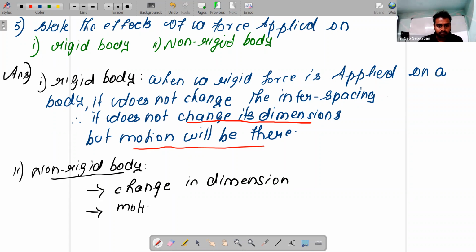Motion will also be there. So just understand the difference when you apply force on a rigid body and non-rigid body. Rigid body means motion will be there, but there is no change in dimension. But in case of non-rigid body, motion will be there also, but there will be change in dimension. Any doubts? Is it okay, everyone?